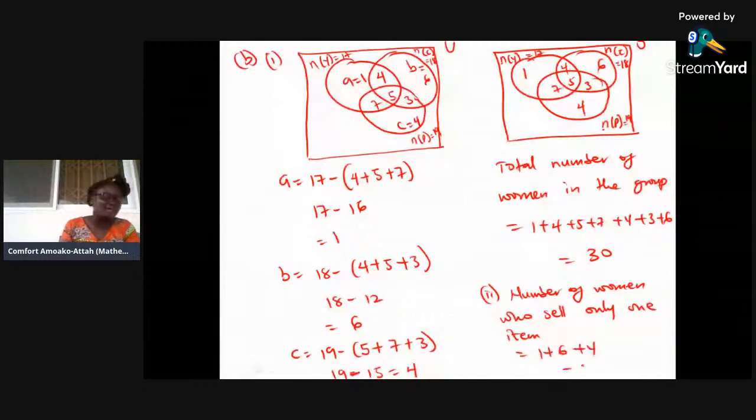That is giving us 11. Because for number of women who sell only yam, we have 1. Only corn, we have 6. And only plantain, we have 4. All right, so that's for the 3-step problem.